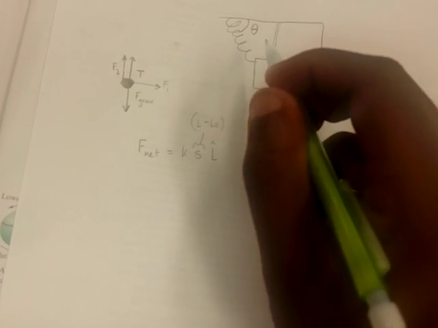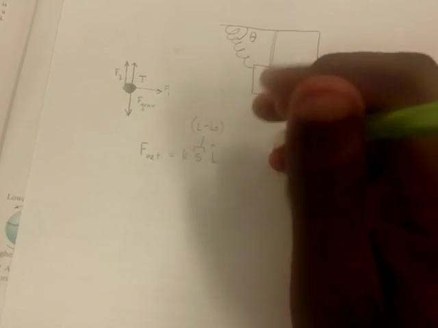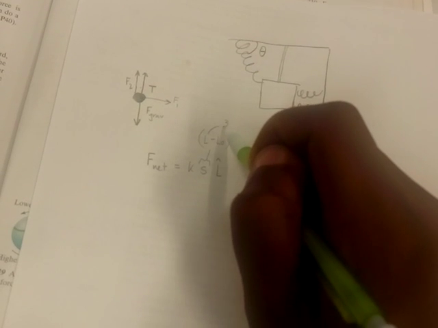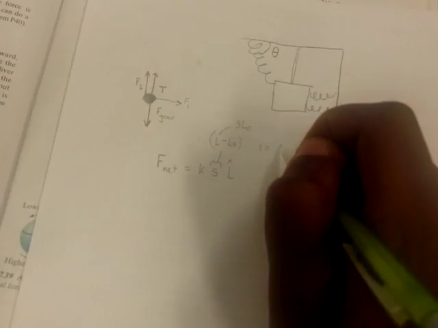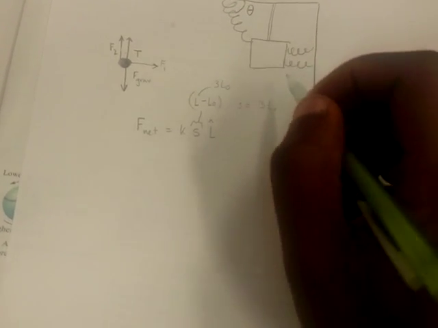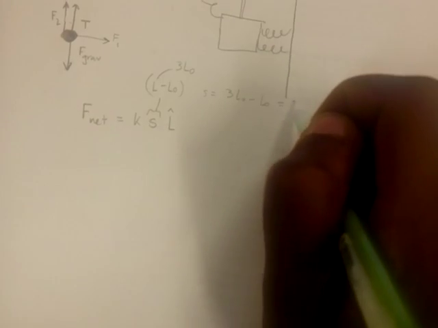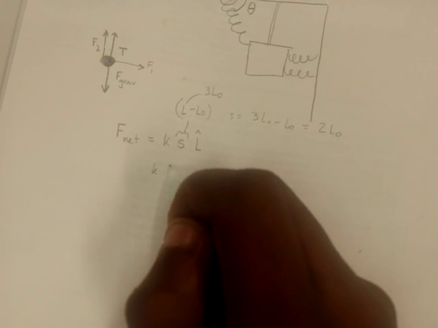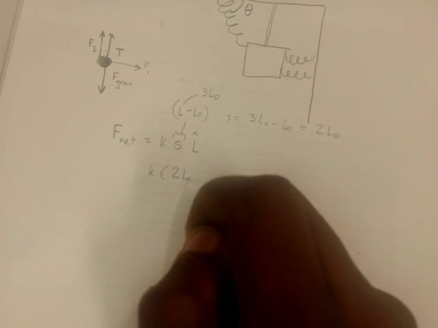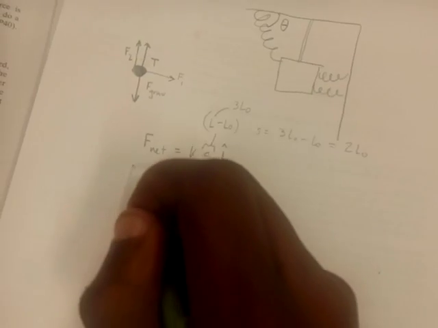Well, in this case, we say that the stretch length is 3 L naught. So L is equal to 3 L naught. So what we have here is s is equal to 3 L naught minus L naught, which is 2 L naught. So here we go with k 2 L naught L hat is equal to F net.